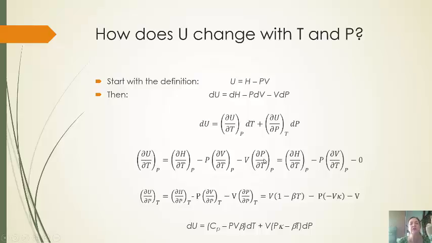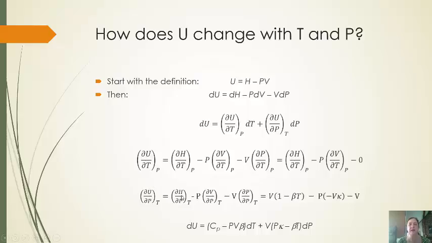I'm looking for how pressure changes if I hold pressure constant. It doesn't, exactly. So that's why we say minus 0. So this little group here is gone, and I'm left with these two pieces, and I already have an answer for this.